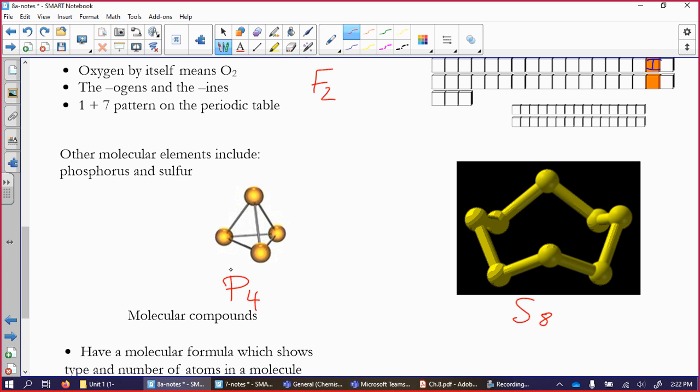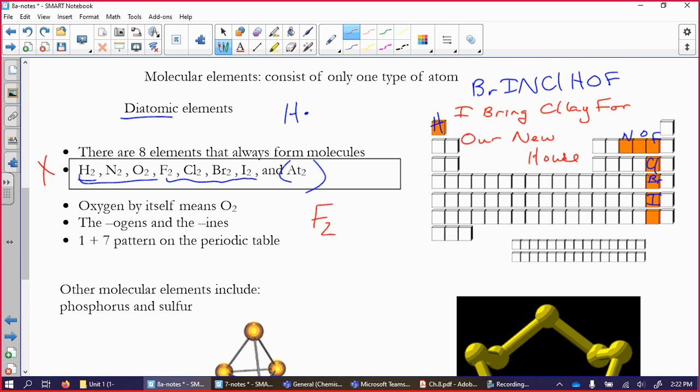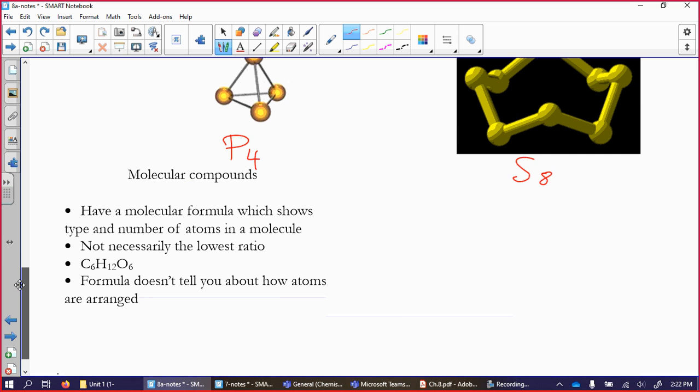Generally, if I want you to use P4 or S8, I will let you know. But the diatomic ones, you need to know that those elements are diatomic. And we'll talk about them.